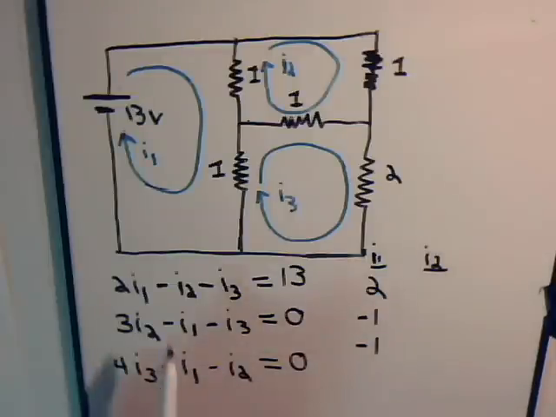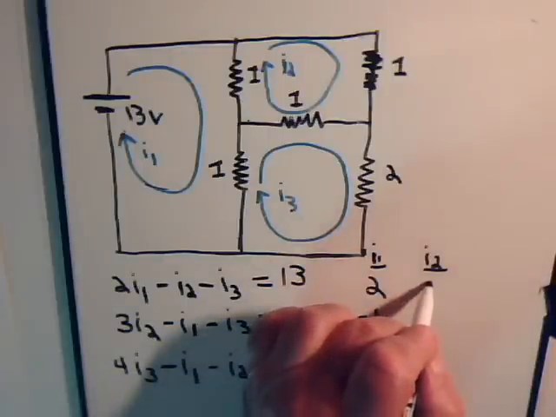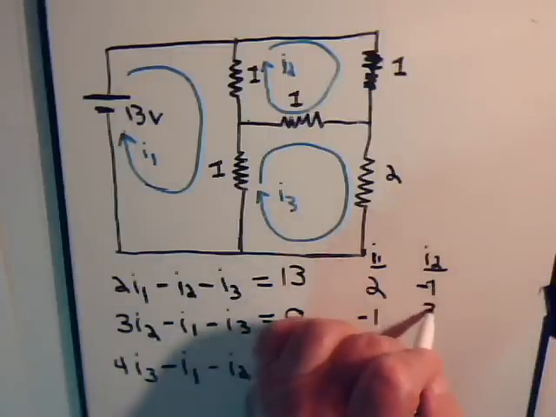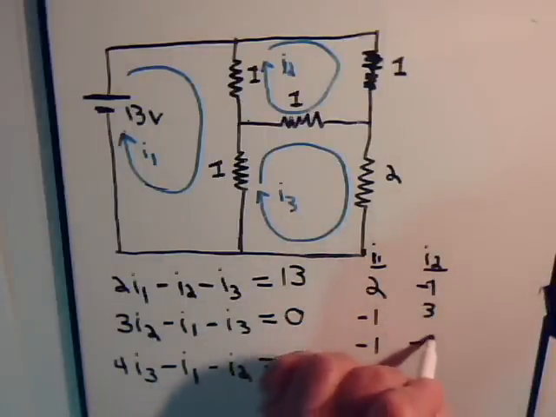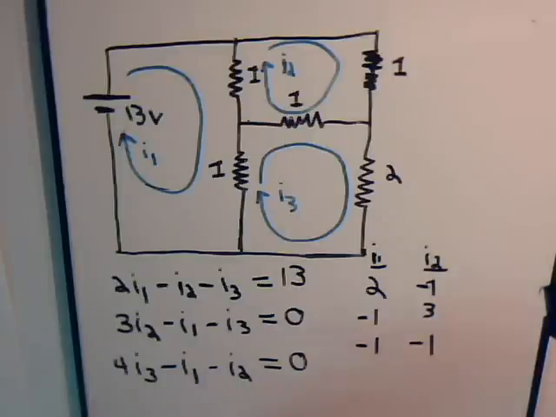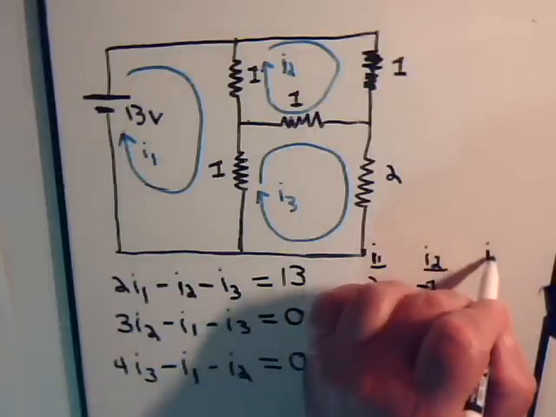Here we have negative 1, plus 3, negative 1. And let's do the same for I3.